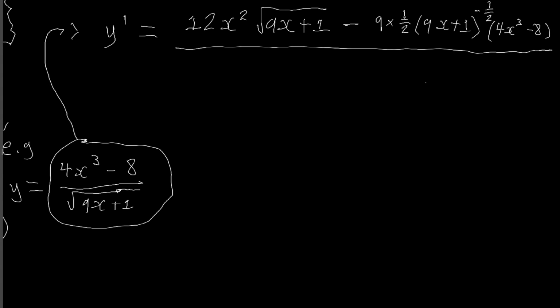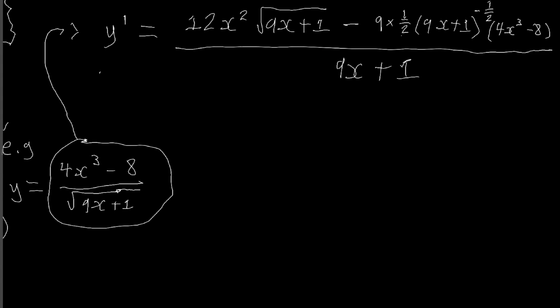And all of this is going to be divided by the square of the denominator. Squaring a square root simply means that they will cancel out, and we'll just be left with 9x plus 1.